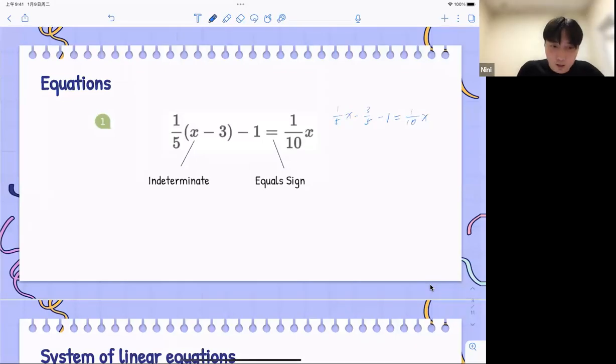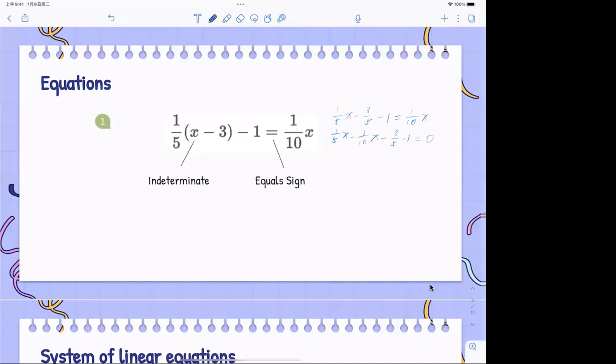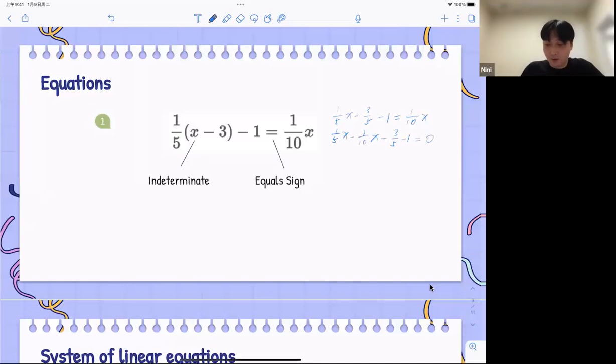All right. Then we are going to move the right side to the left side. So what we can get here would be this one. Okay, that's it. For this polynomial, we have only one indeterminate.